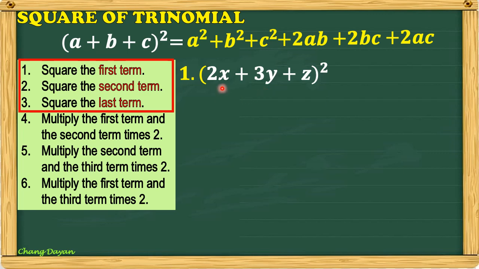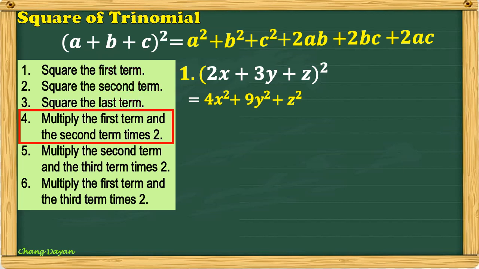Square the first term, that is 2x times 2x. That is 4x squared. Next, 3y squared will have 3y times 3y. The answer is 9y squared. Next, z times z will have z squared.